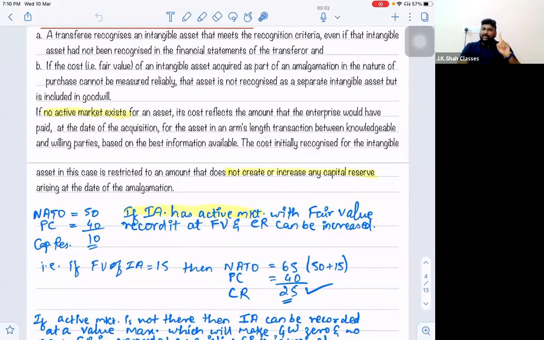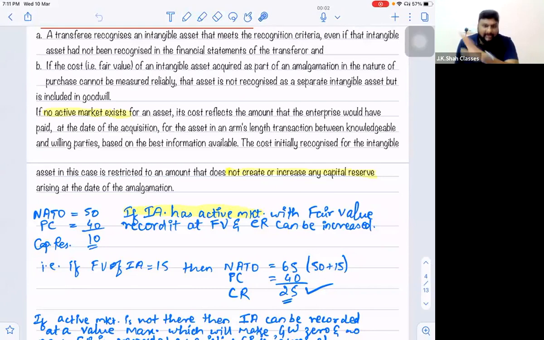But see to it that capital reserve is not increased, nor is it creating a new capital reserve. So, sir, only one conclusion over here. You can record an intangible asset without active market if there is only the situation of goodwill, and that goodwill will become zero, and in front of that intangible asset will be recorded.